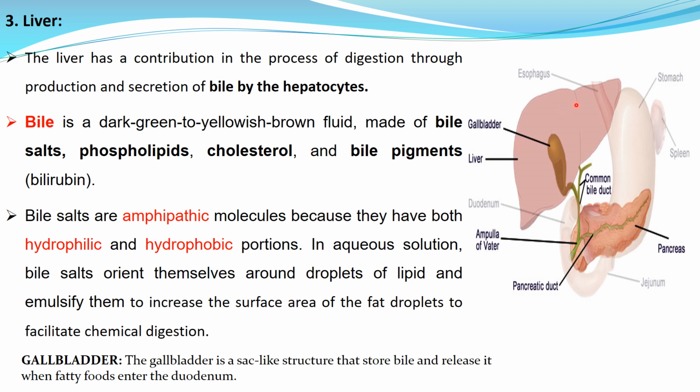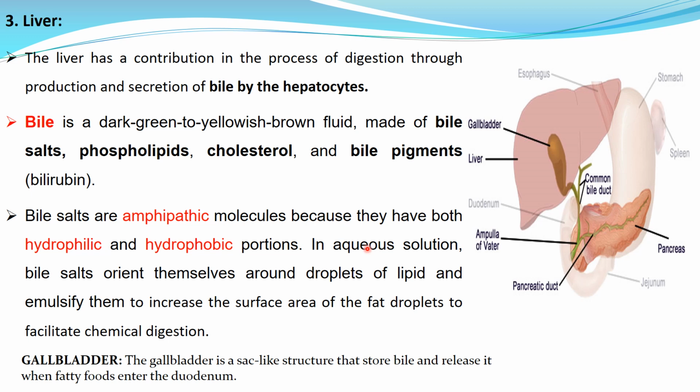The formed bile can be stored within the gallbladder, and when there is fatty food within the small intestine, it is secreted into the small intestine to emulsify the food molecules. Bile salts, which are a component of bile, are amphipathic molecules because they have both hydrophilic and hydrophobic portions.